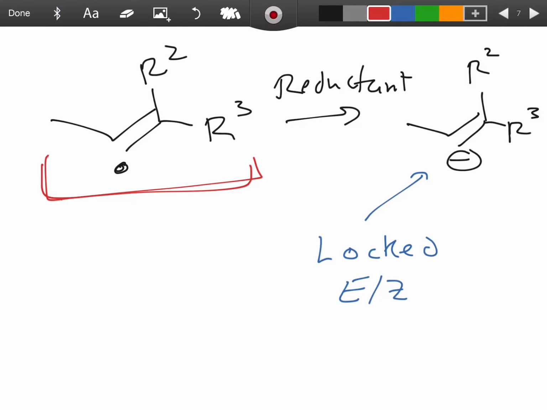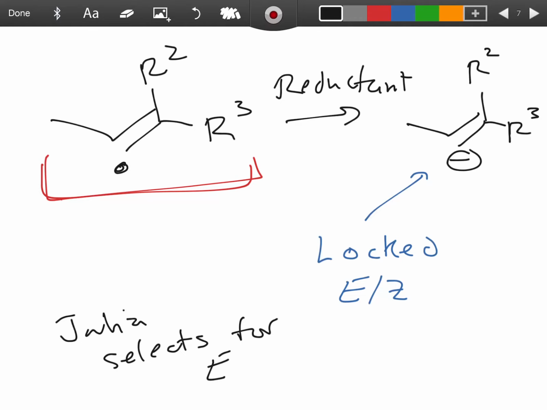And then once you turn that radical into an anion, you've locked in that E/Z selectivity. Julia olefinations usually select for E. For E double bonds, it usually wants to put the two large groups on opposite sides.